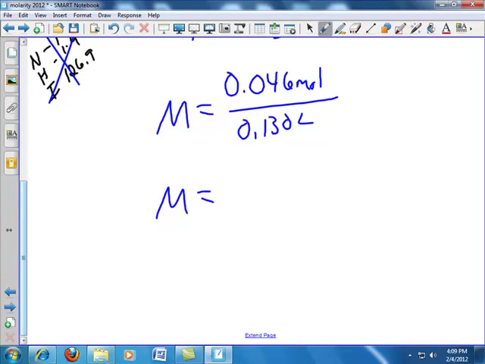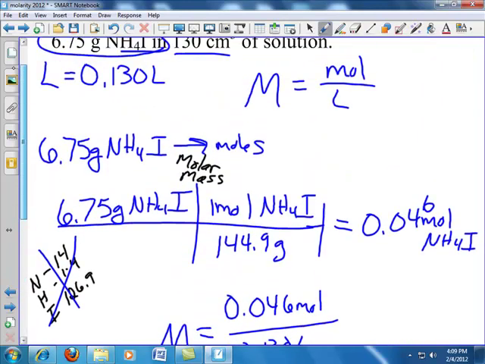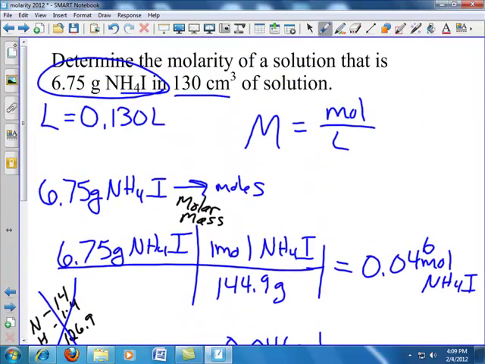So my molarity is 0.35. And what do I write for a unit? Molar NH4I. Okay, and that is my concentration. Okay, so that's how we determine the molarity of a solution. You find your number of moles, take your moles, divide by your liters.